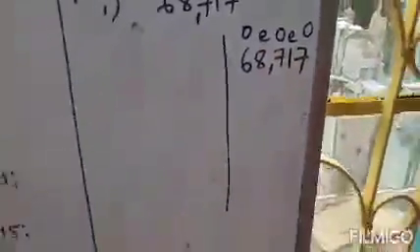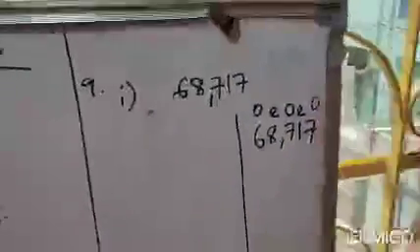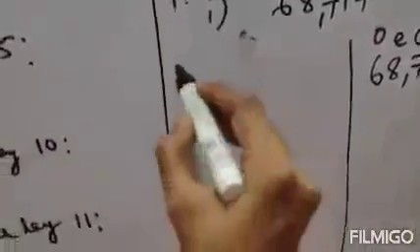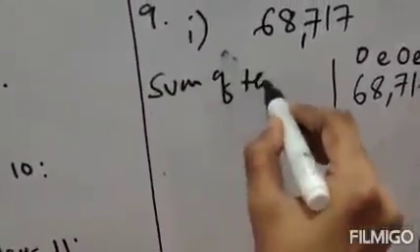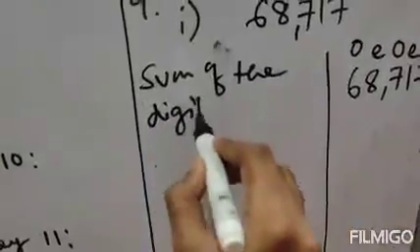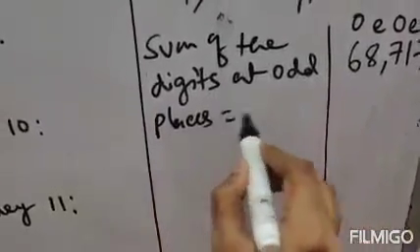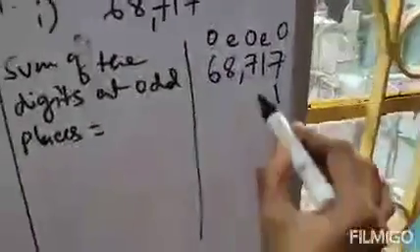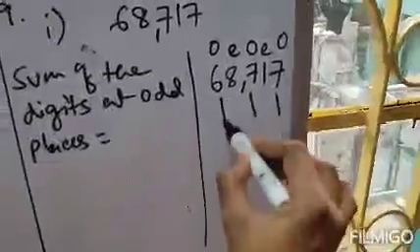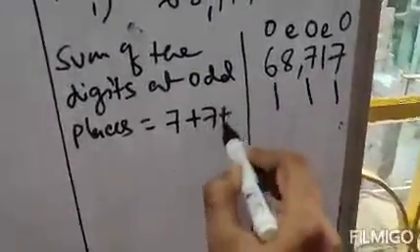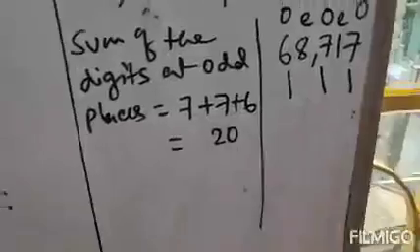Now find out the sum of the digits at odd places. After assigning the digits as odd or even, come back to your main place. Find the sum of the digits at odd places and the sum of the digits at even places, and then subtract. Odd places are 7, 7, and 6, so 7 plus 7 plus 6 is 20.